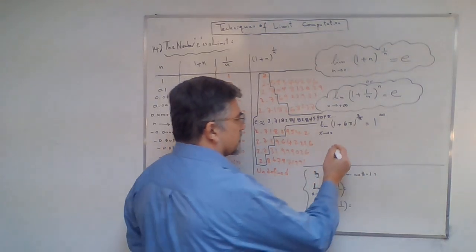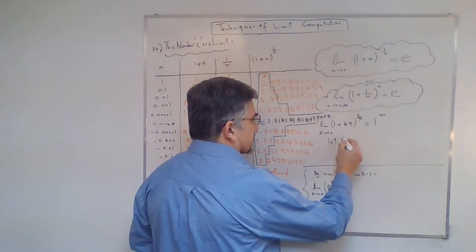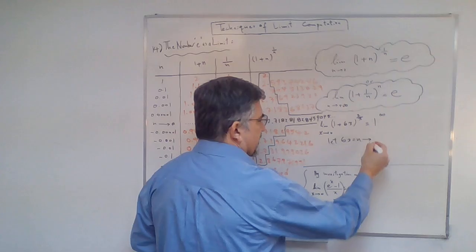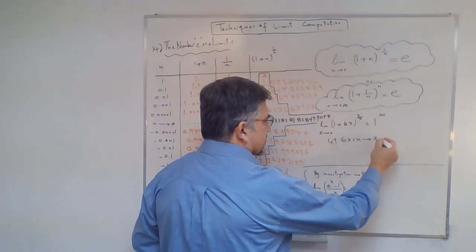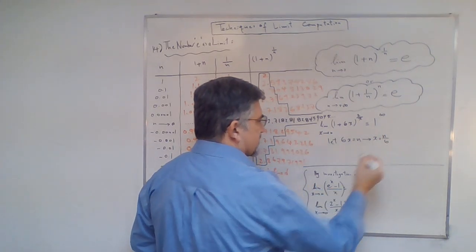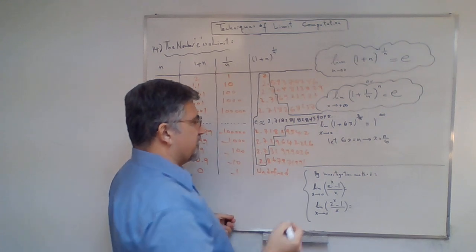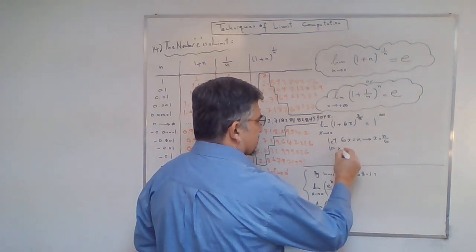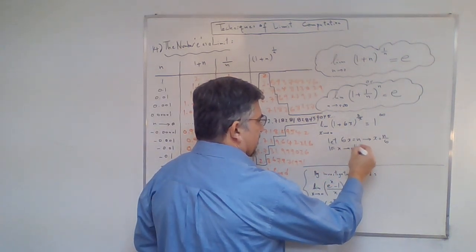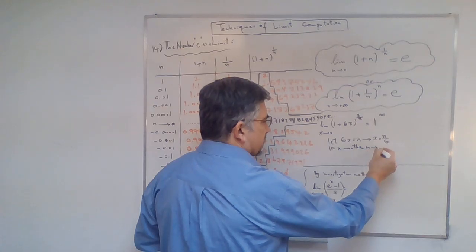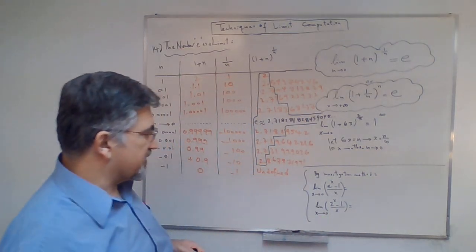We are going to let 6x equal n, and then from there, x would be n over 6, right? And if x approaches 0, then 6 times x, which is n, will also approach 0, logically speaking.